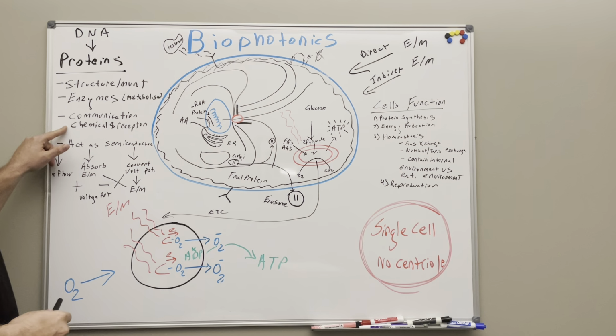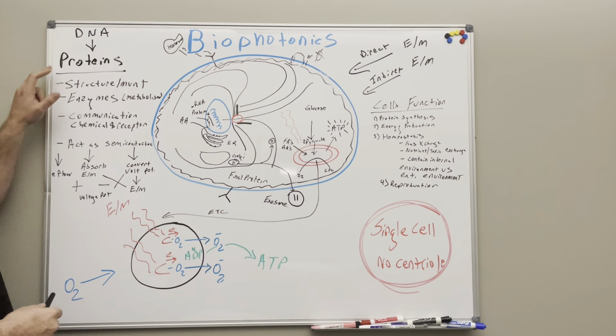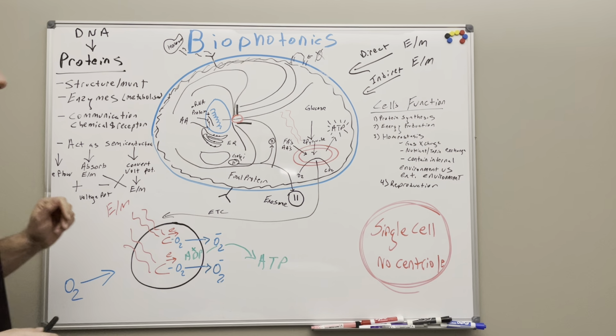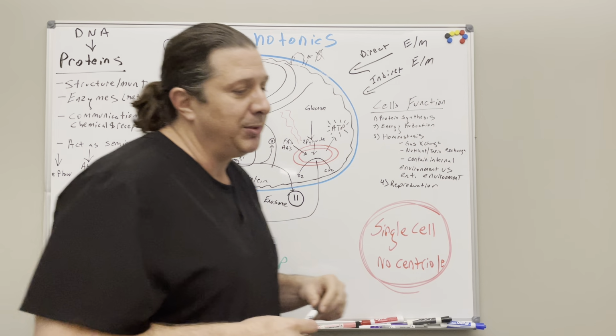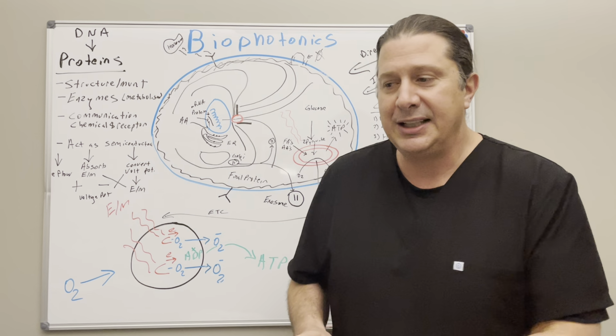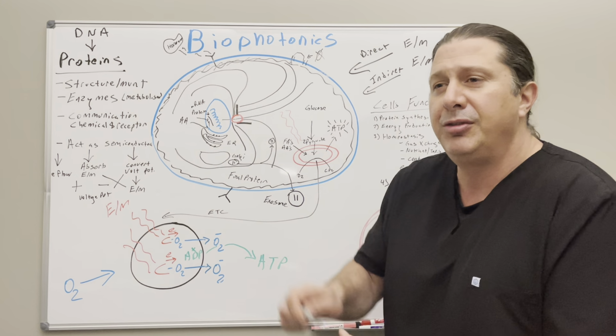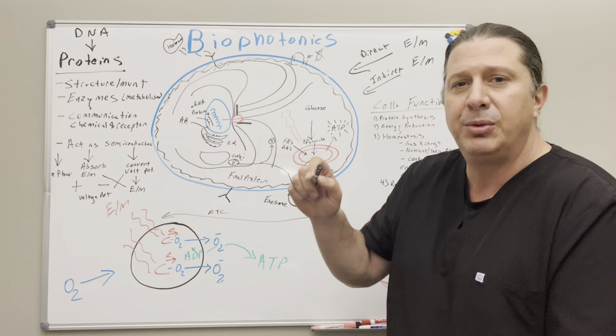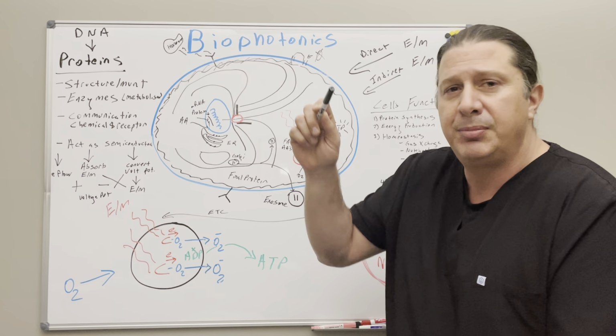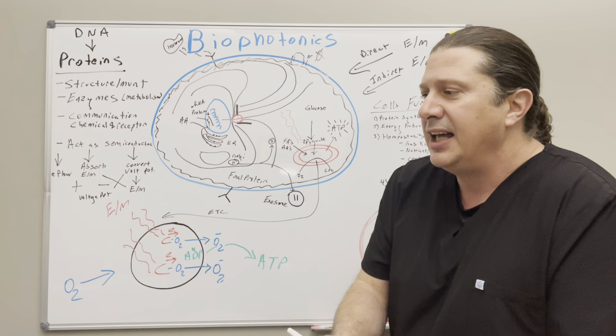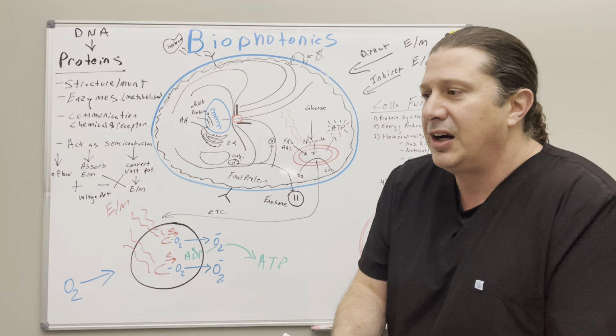The communication chemical and receptor we just discussed act as a semiconductor. Proteins, by nature, function through their semiconductor nature. When I said that enzymes are doing things, and we learn about all these biochemical reactions driven by enzymatic activity, how are enzymes doing this?